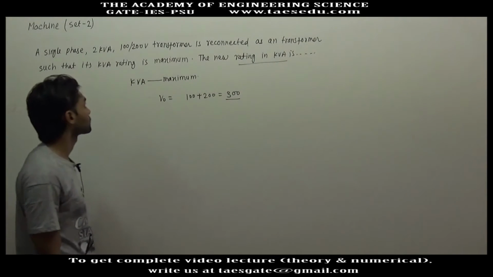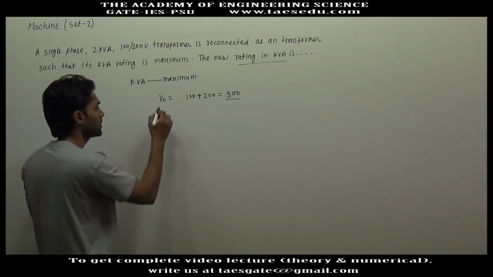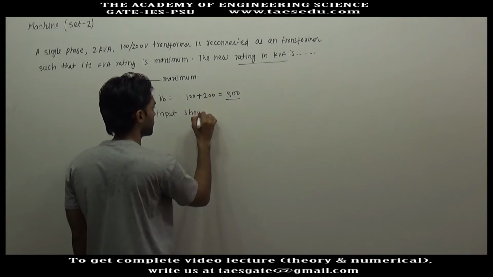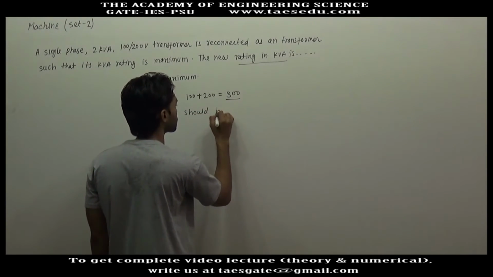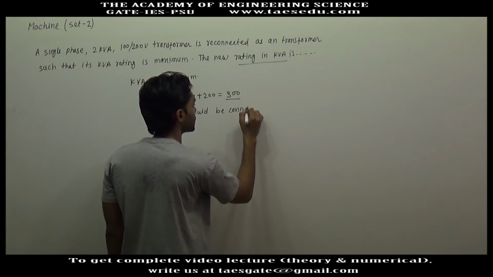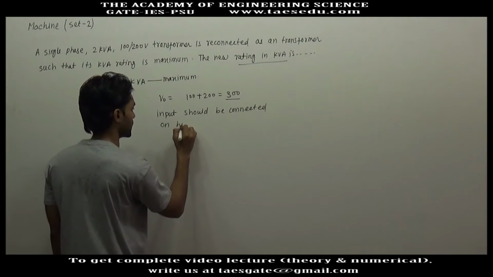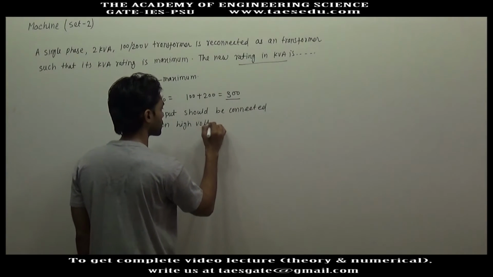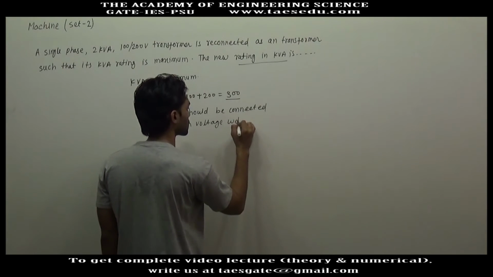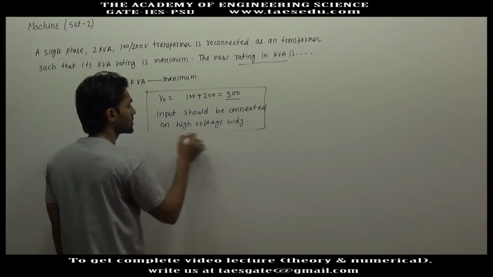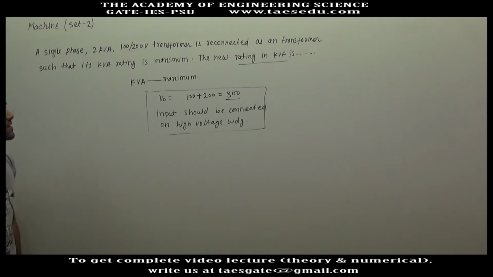Output voltage has to be 300 volt and input has to be connected on high voltage winding. This we observed while solving the similar type of question that was asked in set 1.